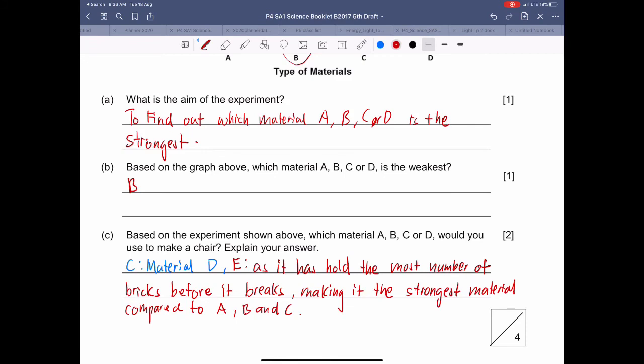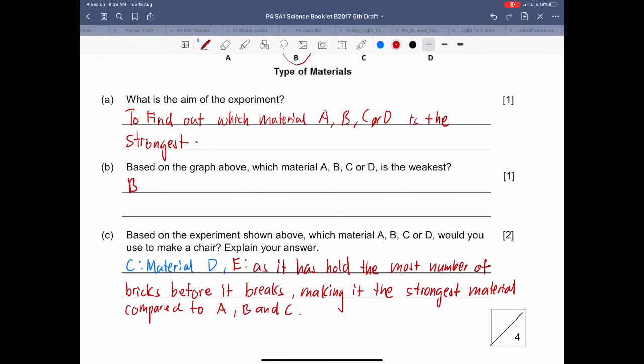What does it mean? It means it's the strongest. This is just like your light intensity question also. You say that the light detector did not detect any light passing through material X. What does it mean? It means that material X is actually opaque. Very good. Don't leave it hanging there. What does it mean? What does it suggest?